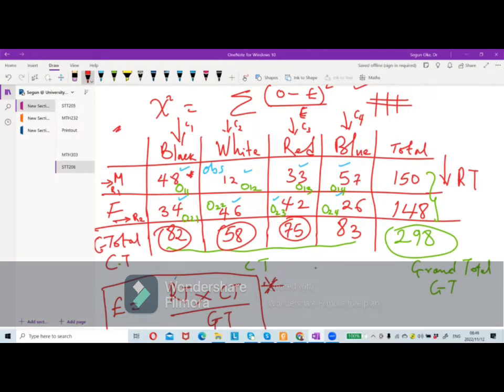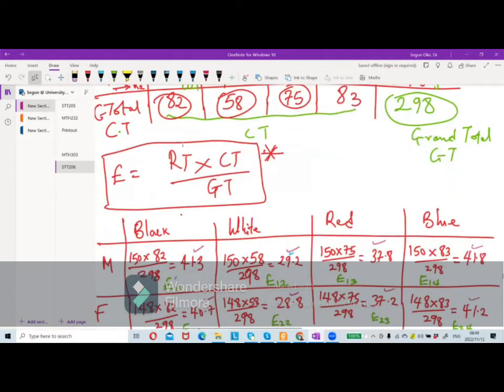Okay, let's look at it. What I'm doing now is I'm just trying to label this one that I teach. They are called observation. That is the question you are given. You will be given observation values. Now, from observation, you will be the one to calculate expected.